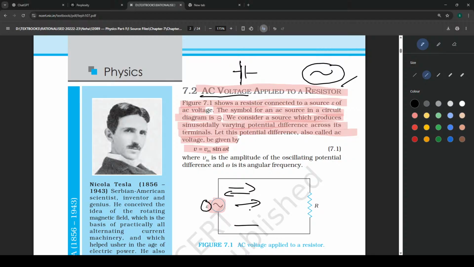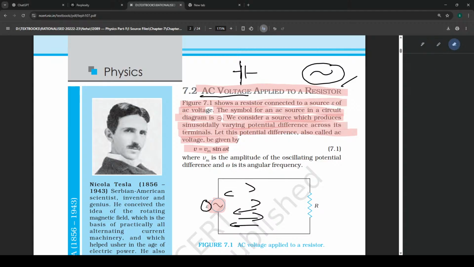Again, it will turn here, and again here, depending on time. That is a time varying sine function. With the sine function we can identify at which time and how much at which instant the current is maximum or minimum, or how much the potential is there. We can identify that using a sine function.